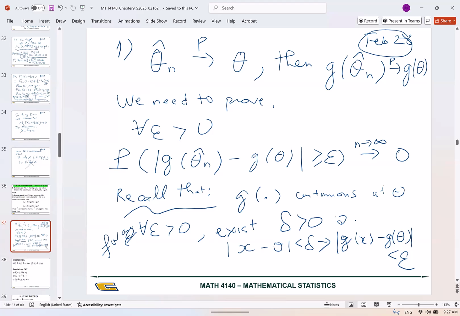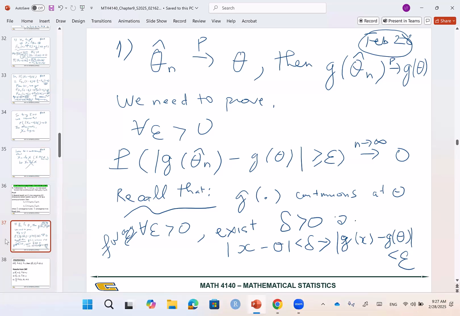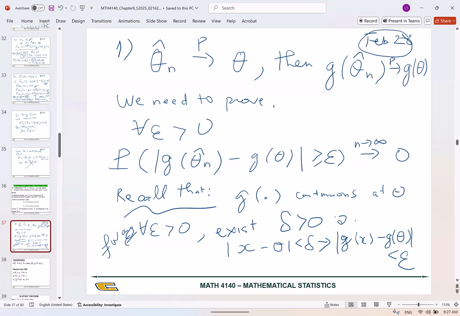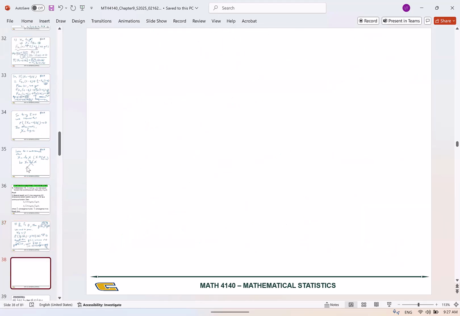This is the definition of a continuous function at a point theta. You all know that, probably from calculus 1. Now you see why you need to learn calculus. They are all related; if you go to a certain level, you see basically they are all related. Some are at the back, and some move in front to help you see applications.